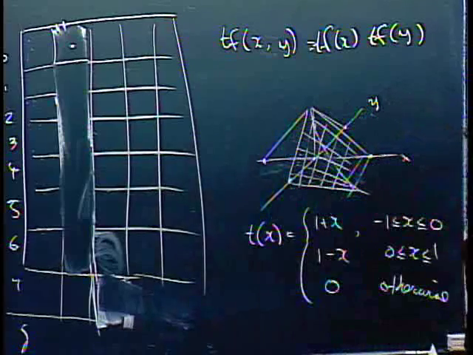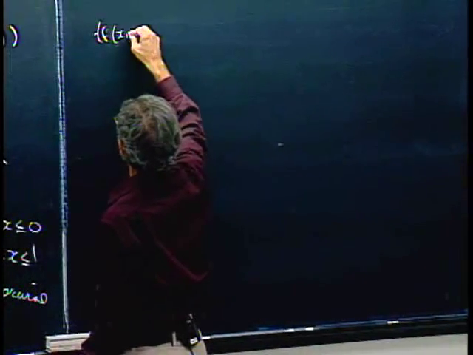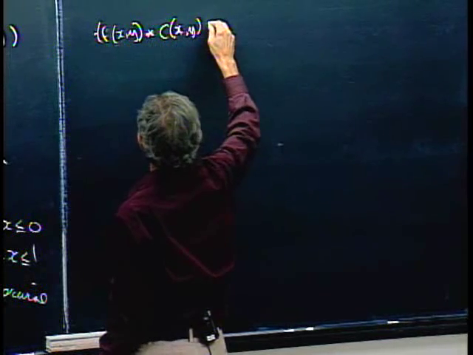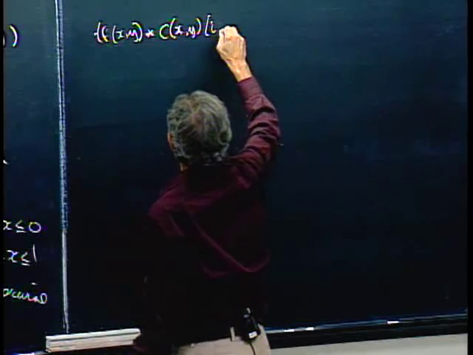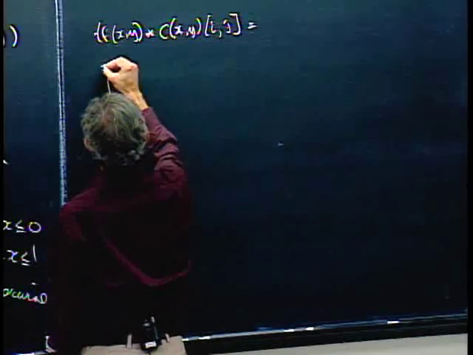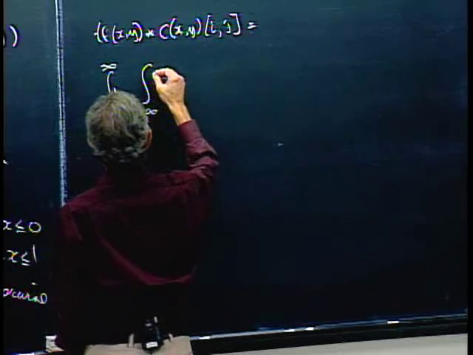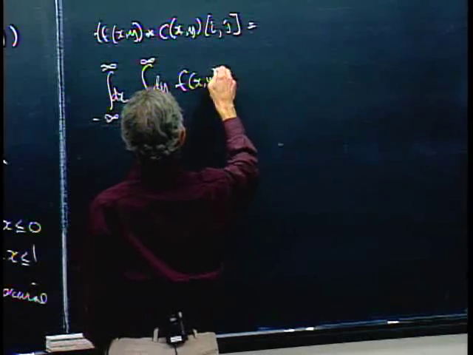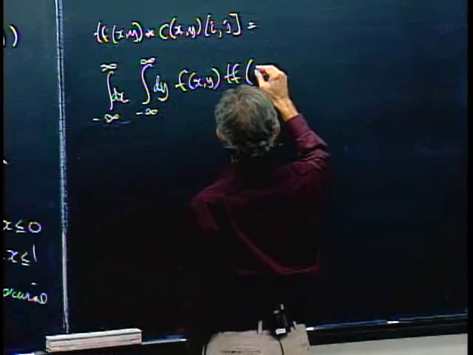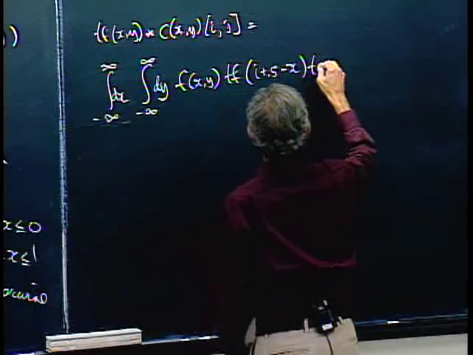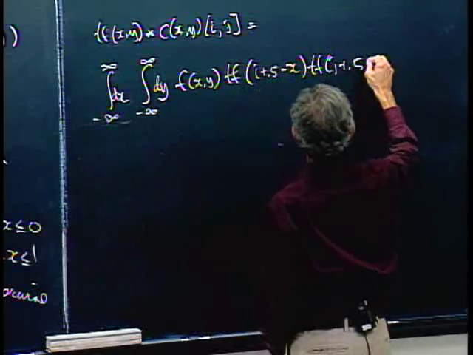Which means that this convolution of f(x, y) with the tent filter, the convolution evaluated at pixel ij, is the integral from -infinity to infinity dx, integral from -infinity to infinity dy, f of x, y, tent filter of i plus 0.5 minus x, tent filter of j plus 0.5 minus y, right?